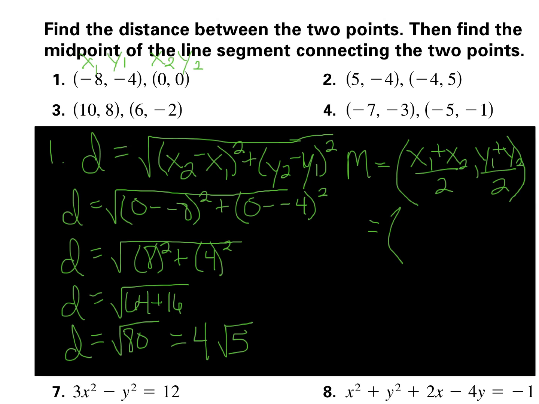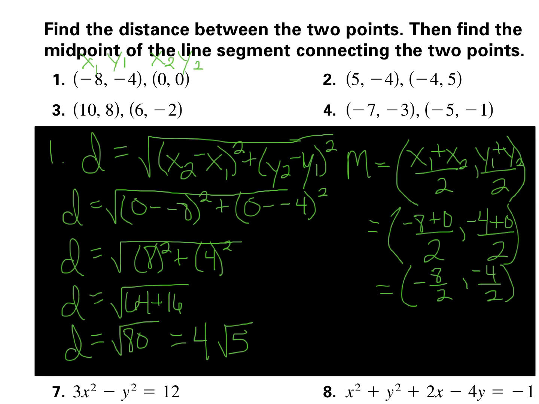Using the same points as previously, -8 plus 0 over 2, comma, -4 plus 0 over 2. So that would be -8 over 2, comma, -4 over 2, which would give us -4, comma, -2. And so now we've found both the midpoint and the distance.